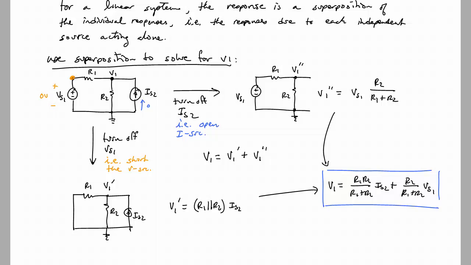So again, in summary, superposition says that you can find the total response of the system, meaning any voltage or current in the system, by just considering the response of the system to each individual independent source acting alone, and then you add all of those responses together to get the net response.